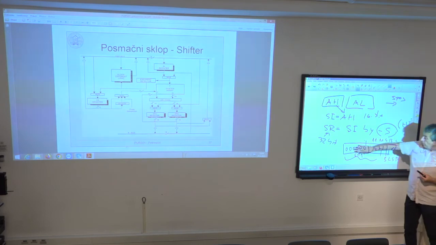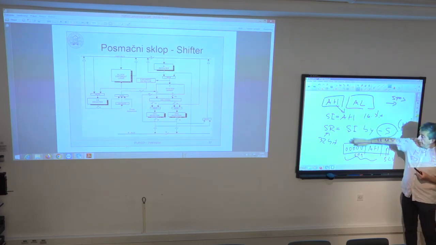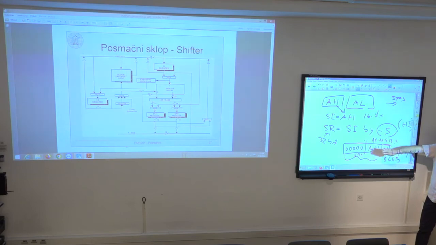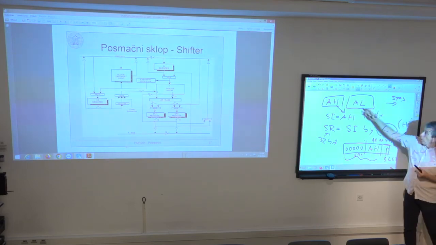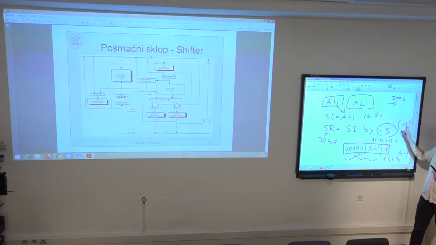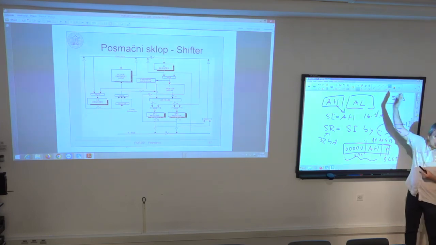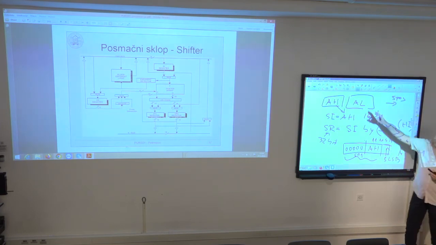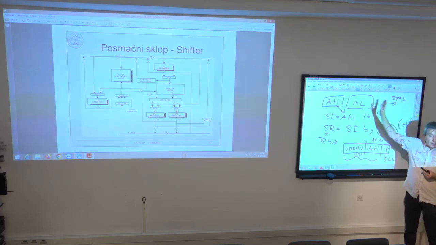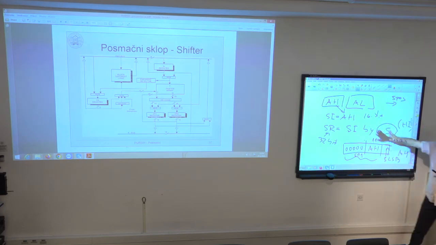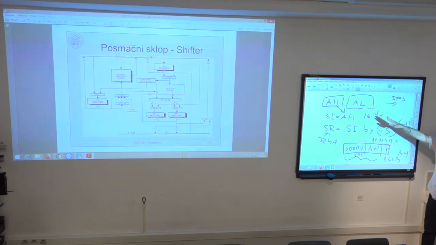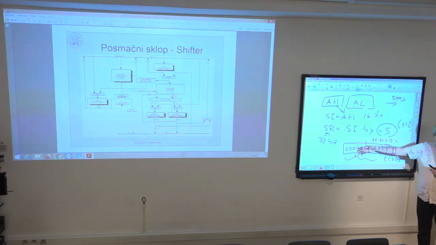So if I take the original result of the first instruction and OR it with the result of the second shift of the lower word, again by -5, but relative low instead of relative high, then I take this value, place it above these 11 bits of the result. I get rid of these 5 bits which are thrown in the garbage, let's say. The last 5 bits of AL are thrown in the garbage. And then I simply OR the result of the second shift with the result of the first shift.